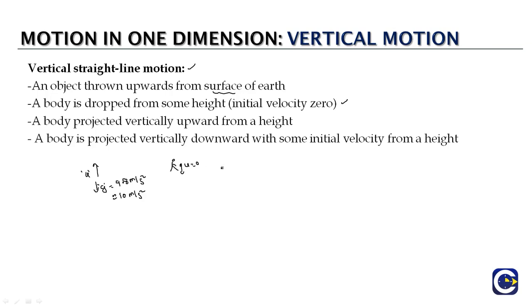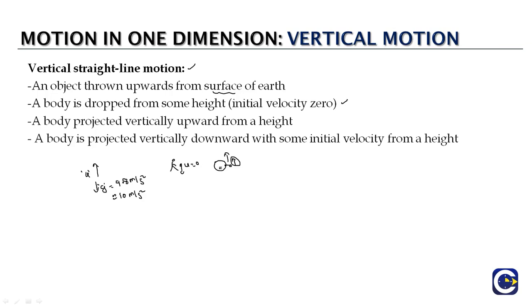Whereas if we drop an object from a moving body, let's say for example we have a balloon which is rising upwards, and we simply release a stone from the balloon, then the initial velocity of the stone will be equal to the velocity of the balloon. So that is about the dropping or releasing condition.